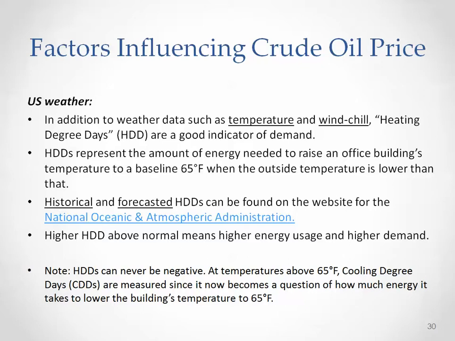The lower outside temperature, it means that more energy has to be used for space heating. So historical and forecasted HDDs can be found in this link. It takes you to the National Oceanic and Atmospheric Administration. It can be a good metric for expected demand of heating oil and eventually crude oil.